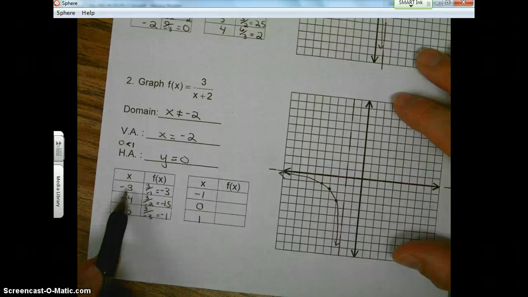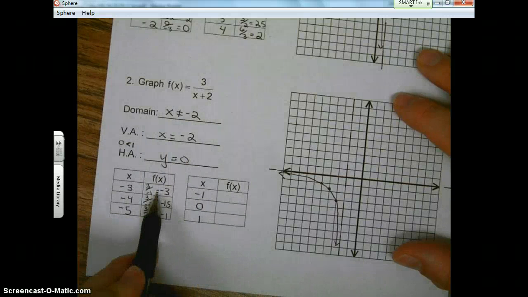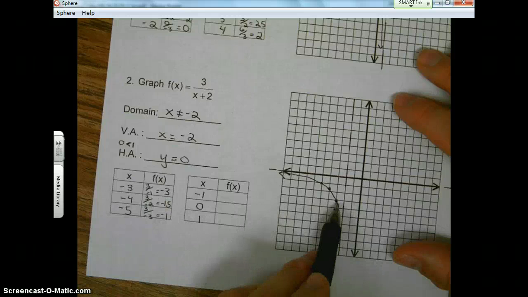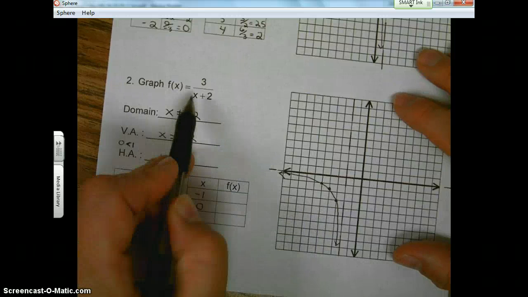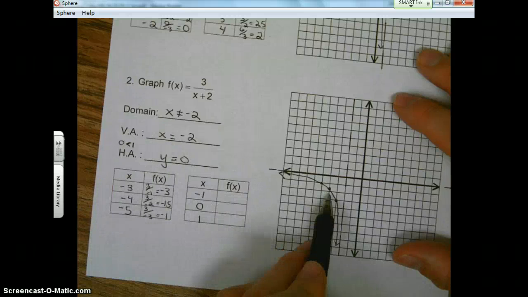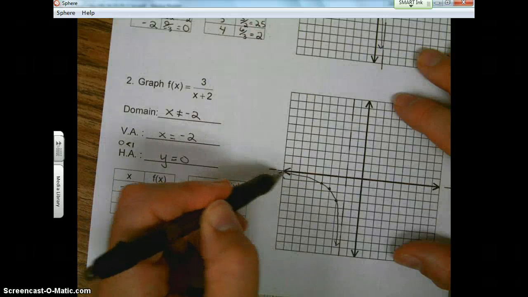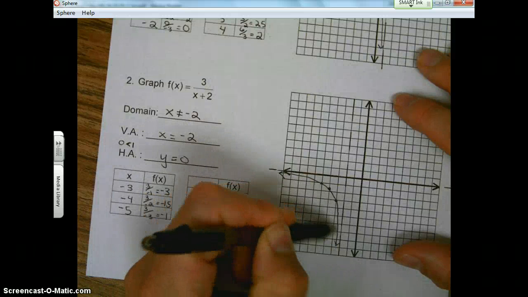I plug these points in for x to get my y coordinate, and then I graph it. And then I draw the curve along the asymptotes through those points.